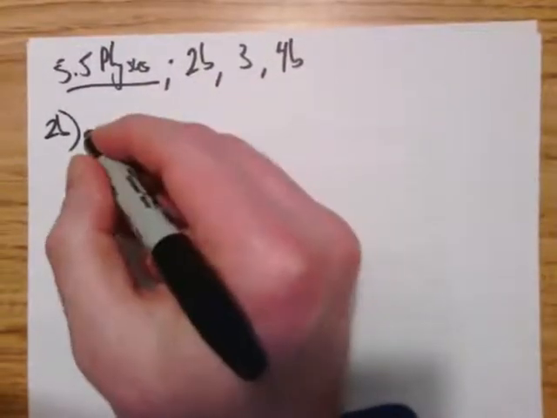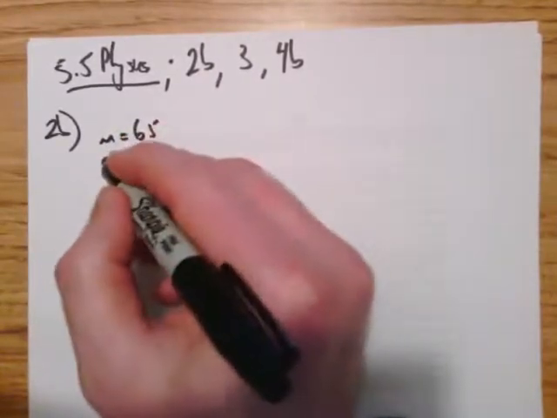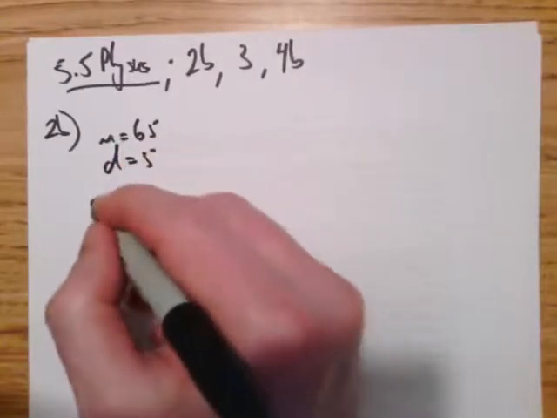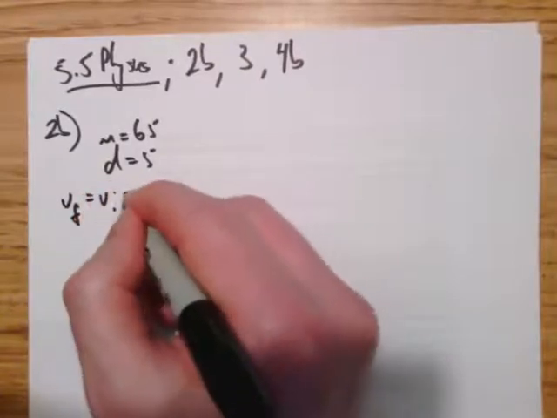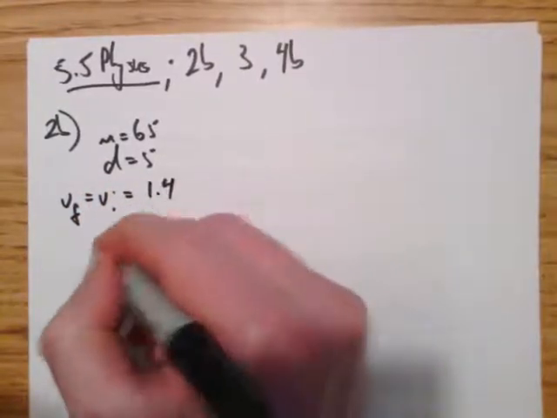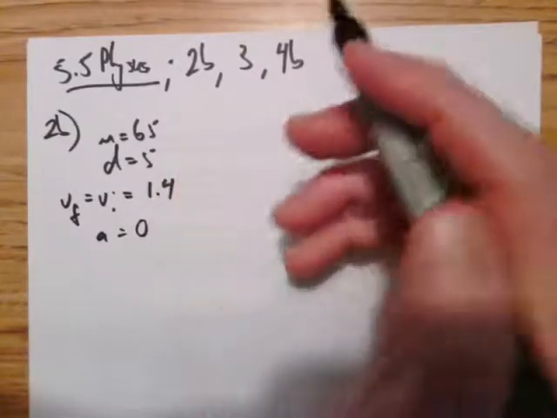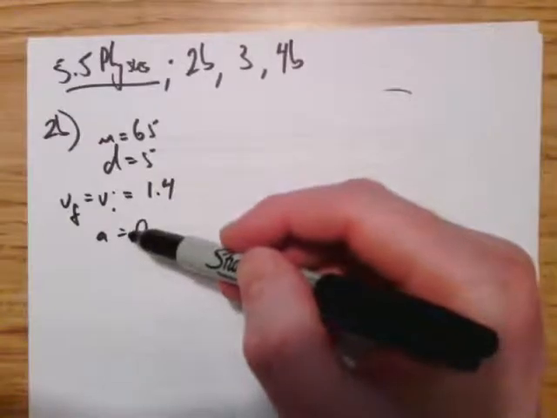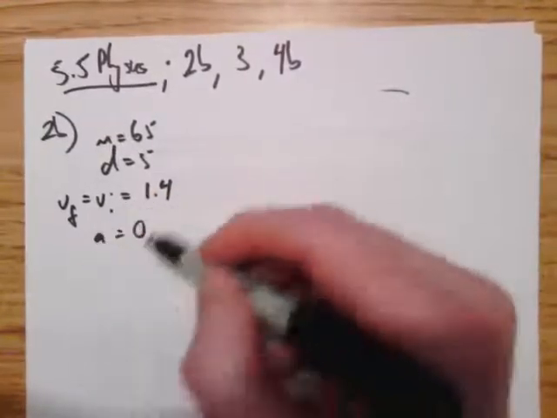Oh, okay. 2b. So you've got mass is 65. Displacement equals 5. Vi and Vf equal each other, which equals 1.4, which means acceleration equals 0. I suppose 9.8 would be the applied acceleration, and the net would be 0.